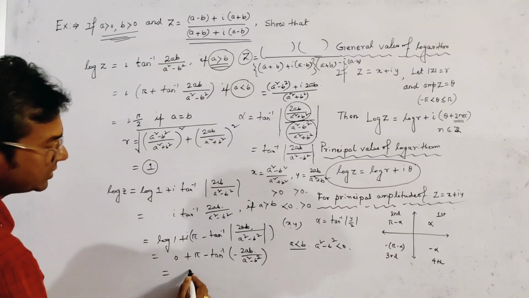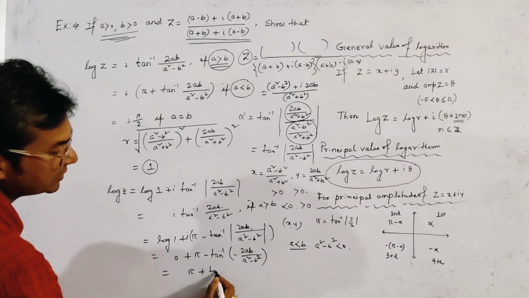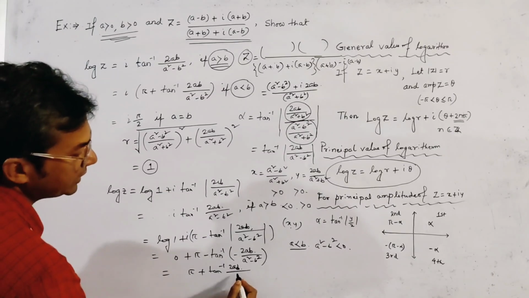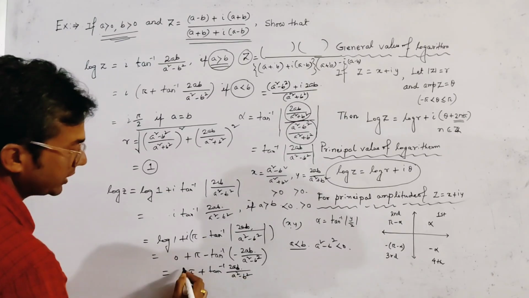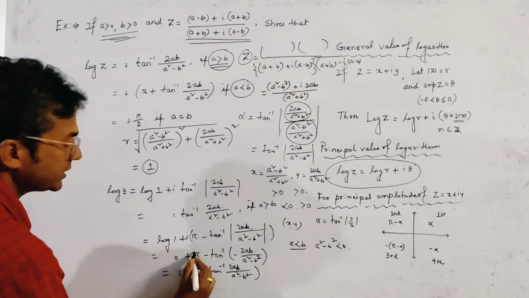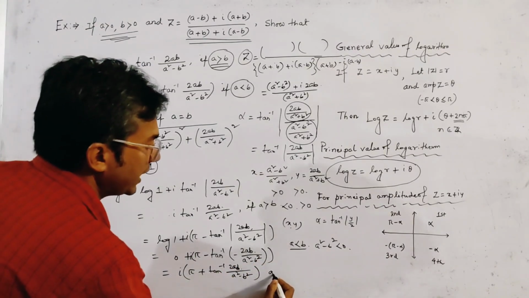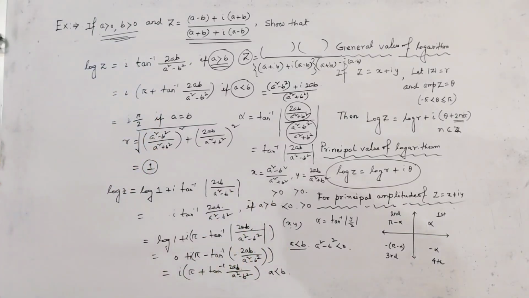And this gives the result pi plus tan inverse of 2ab/(a² − b²). This is the second case, where a is less than b.